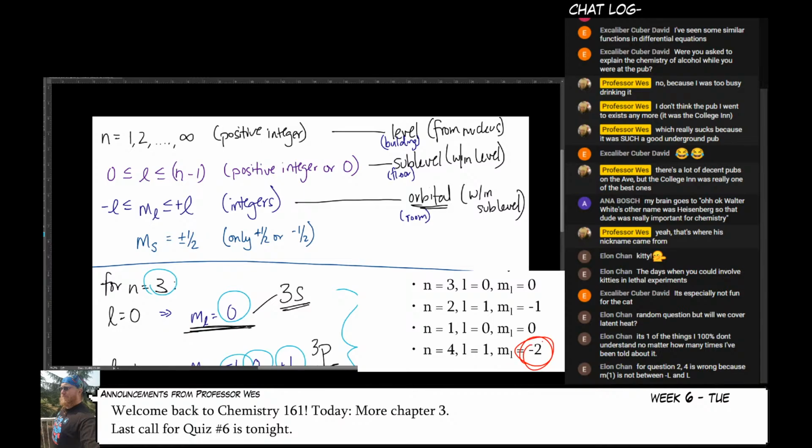Why does that break the rules? Well, m sub L has to be between positive L and negative L. So the range would be -1 to 1. But this is not within that range. So this quantum number does not exist. You cannot have an orbital m sub L equals -2 and sublevel L equals 1. All the rest of them fit the rules.